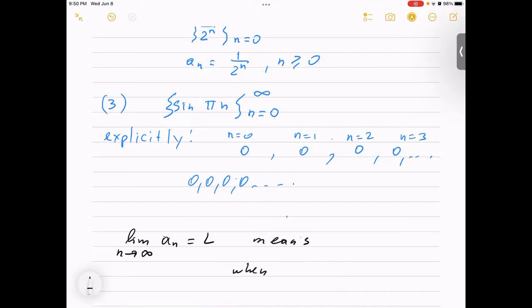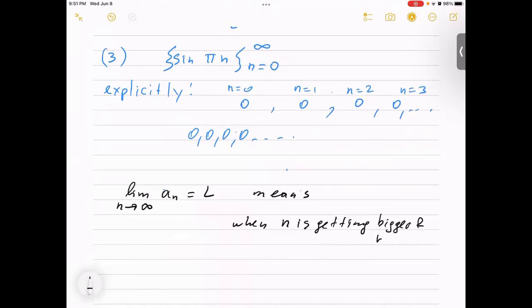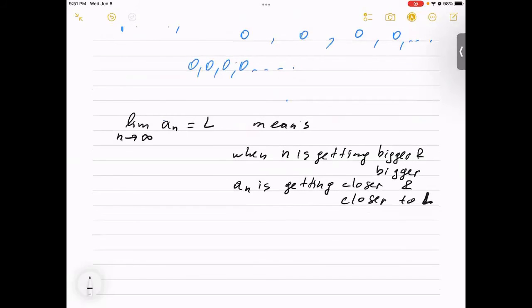The limit of an equals to L when n is approaching infinity means when n is getting bigger and bigger, an is getting closer and closer to that L. Okay, that is an intuitive definition.